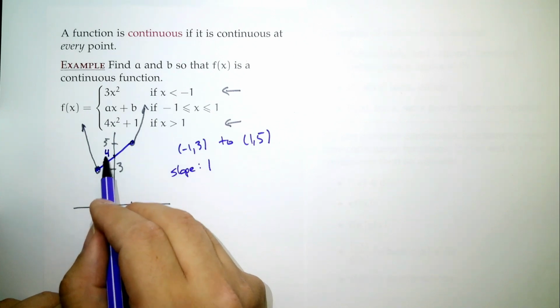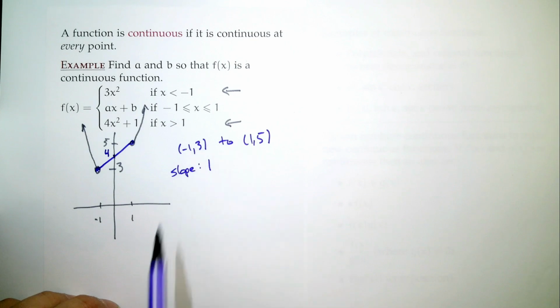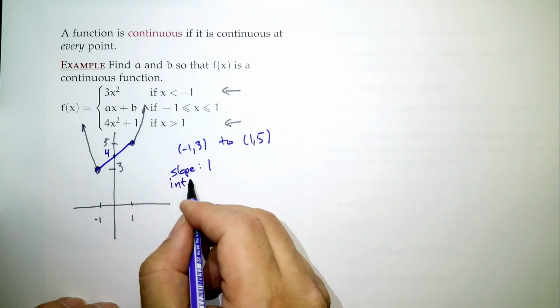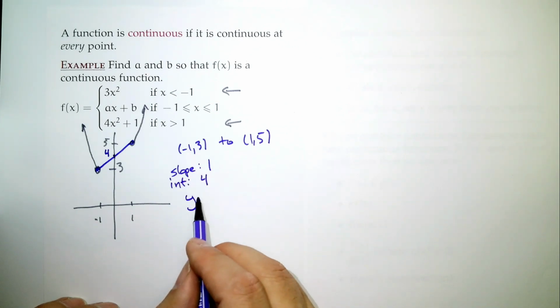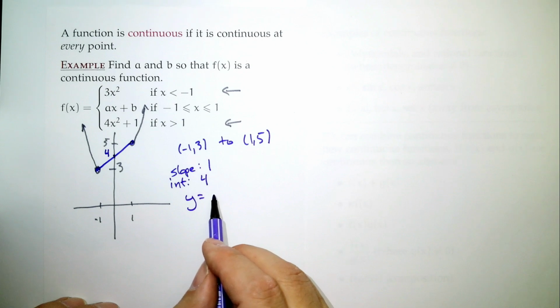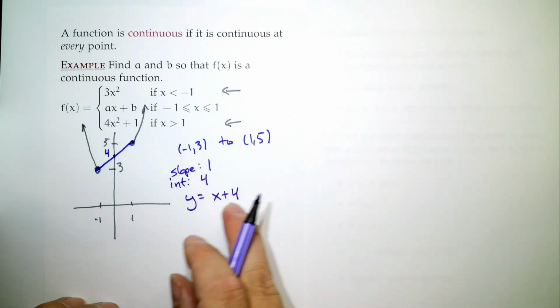It will turn out it's halfway in between, because of our symmetry. The intercept is at 4. And so our line that we need is the line x plus 4. So we need to have a equals 1 and b equals 4.